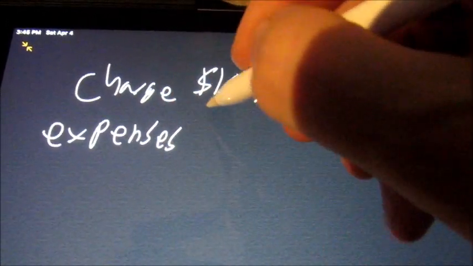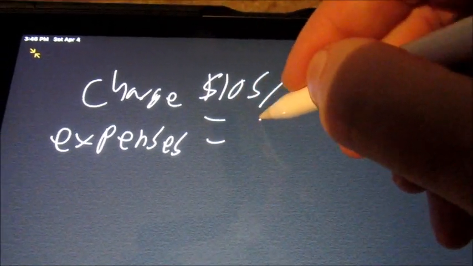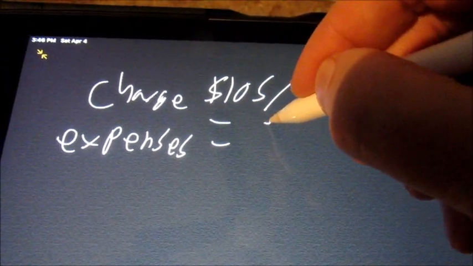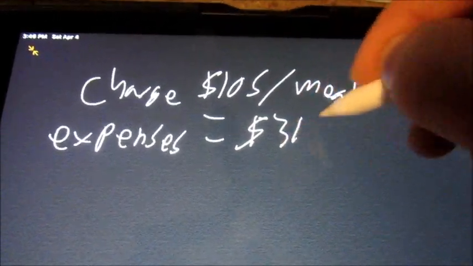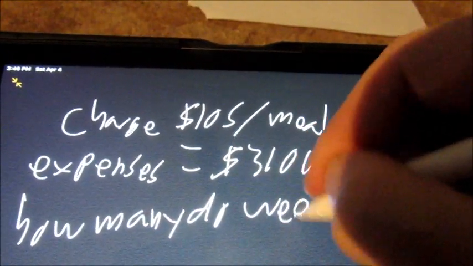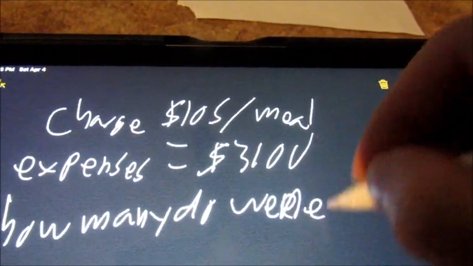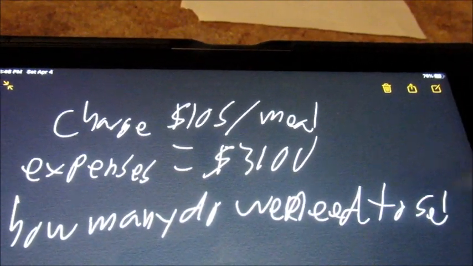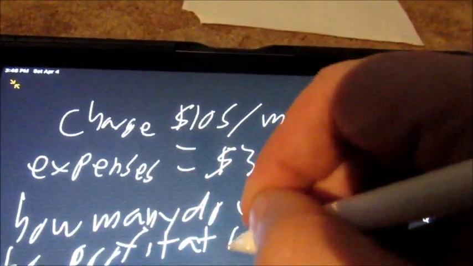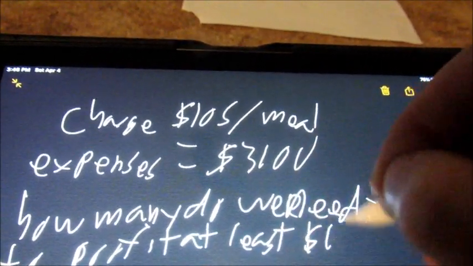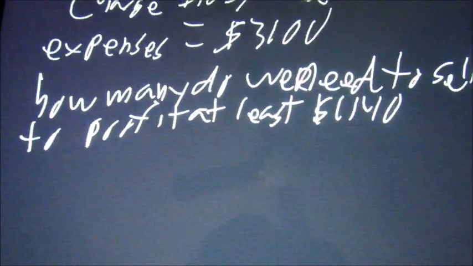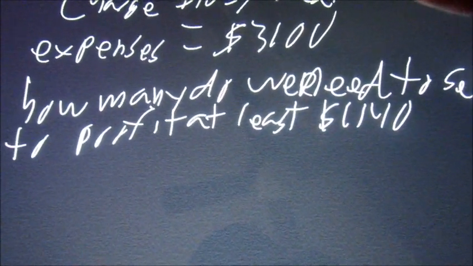Our expenses are a flat $3,100, and we want to know how many meals we need to sell to profit at least $11.40.